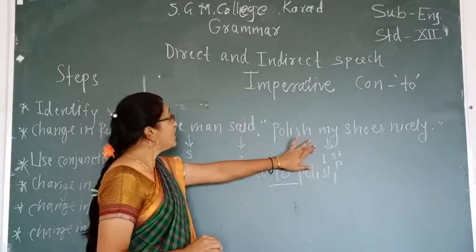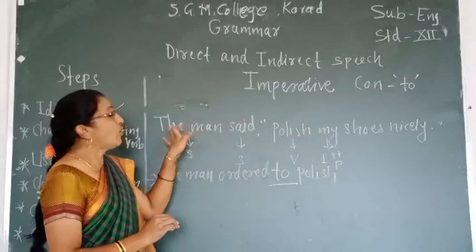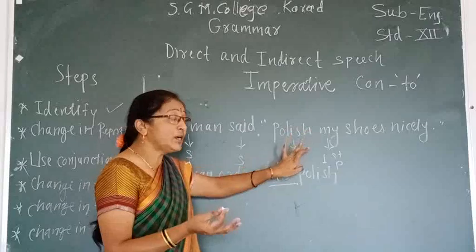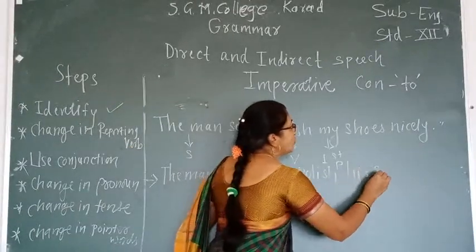My here is a first person pronoun used for the man, so this first person pronoun changes into third person: polish his shoes nicely.